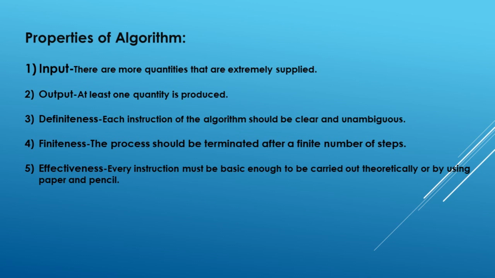Each instruction of the algorithm should be clear and unambiguous. Fourth, finiteness. The process should terminate after a finite number of steps. Fifth one, effectiveness. Every instruction must be basic enough to be carried out theoretically or by using paper and pencil.